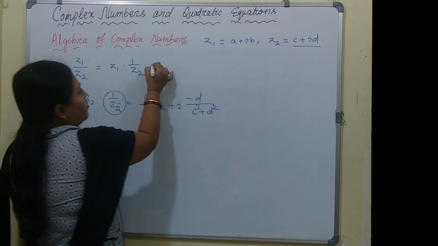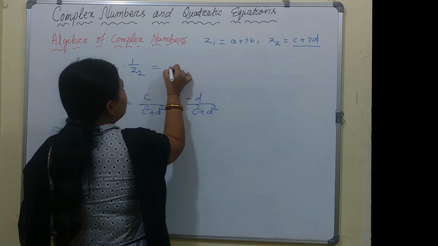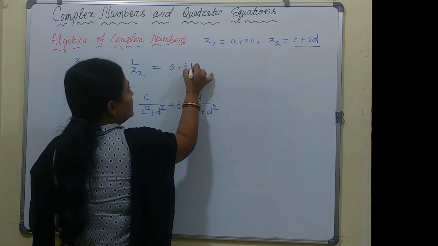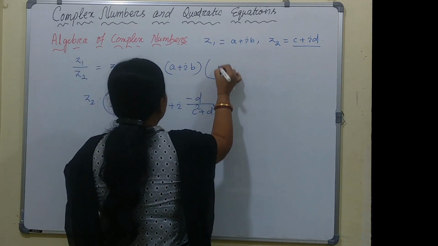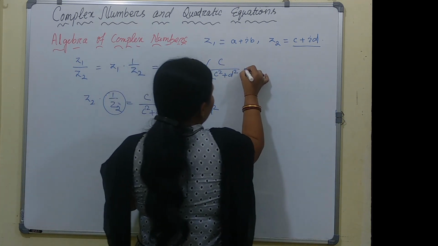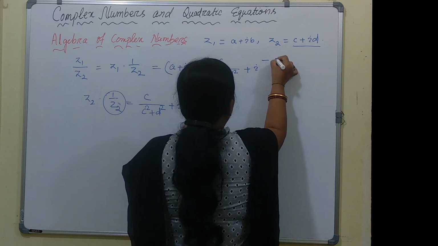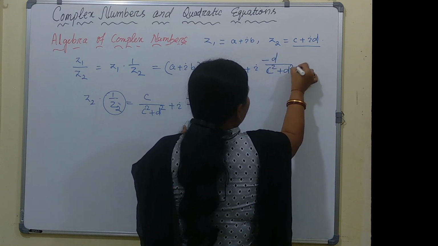Now we will find z1 by z2. So z1 is equal to a plus ib whole into 1 by z2, which is c by c square plus d square plus i whole into minus d by c square plus d square.